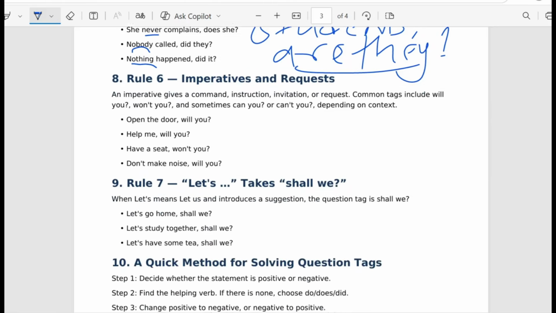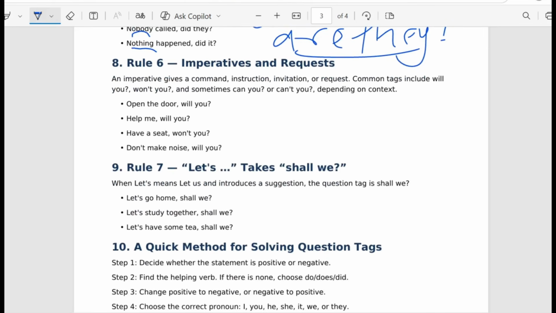Don't confuse that one. We go to rule number 6, imperatives and requests. An imperative gives a command, instruction, invitation, or request. Common tags include will you, won't you, and sometimes can you or can't you, depending on the context.